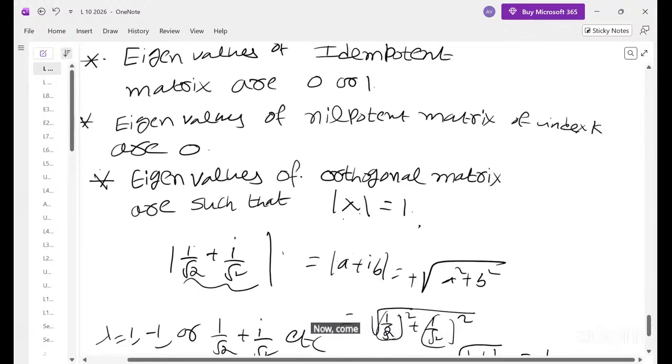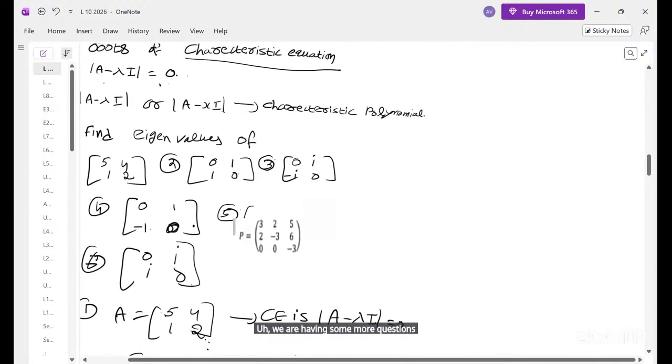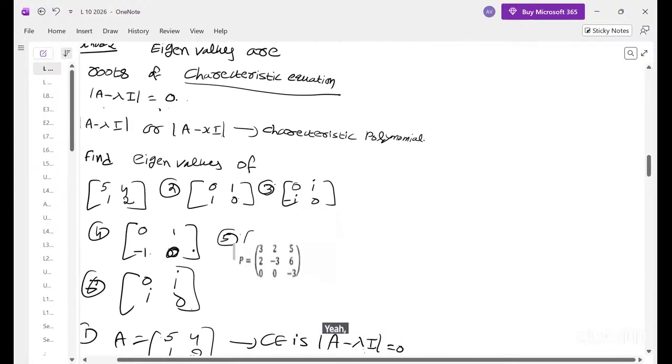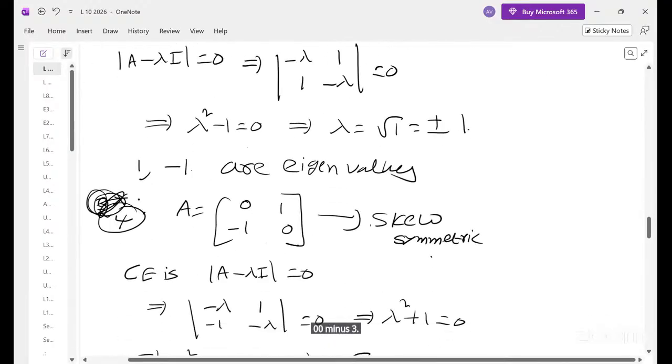Now come back to our question. It's not yet over. We have some more questions here. This question: the matrix with rows 3, 2, 5; 2, minus 3, 6; 0, 0, minus 3.